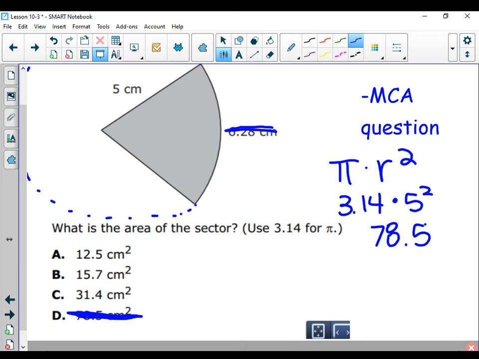If that's not one of the choices, then pick another option. If divide by 3 didn't work, divide by 4. If divide by 4 doesn't work, divide by 5. Has to be something. There is a correct answer because the other two that are left are not correct.